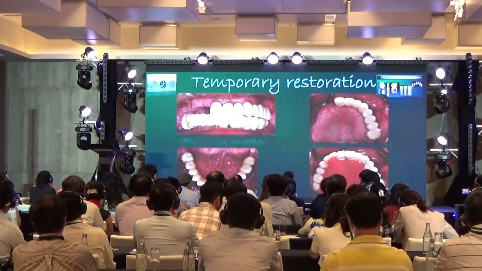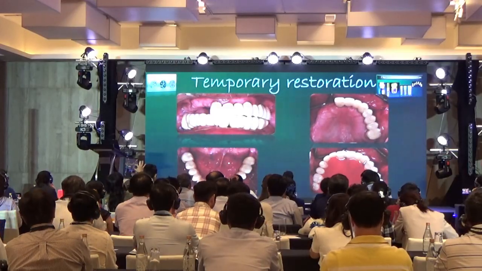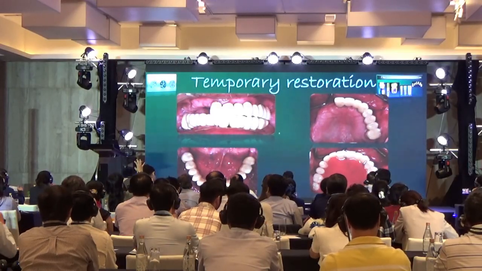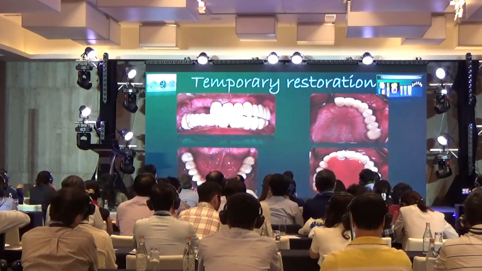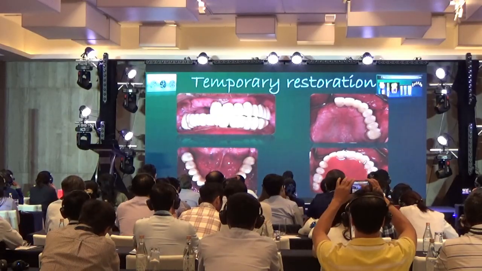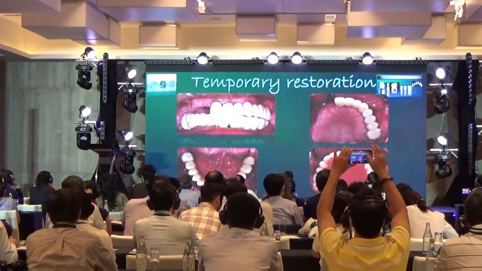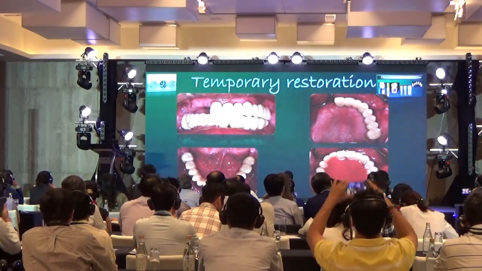So we take out everything. We can place the temporary bridge in the upper jaw and lower jaw, and then we can put the removable partial denture in the upper jaw.